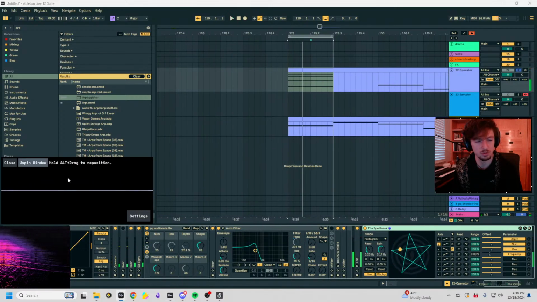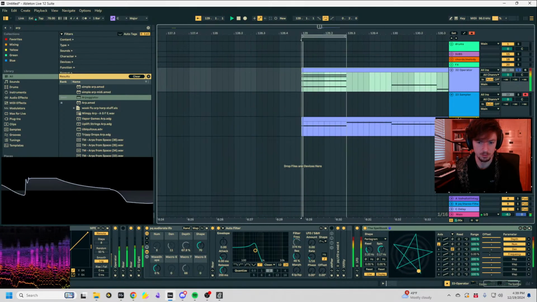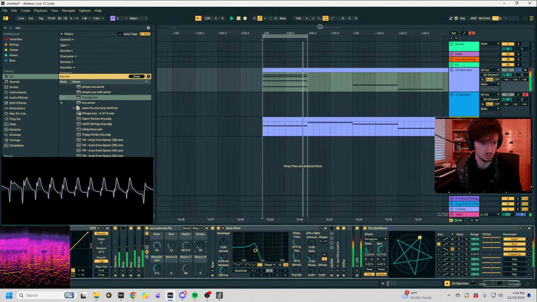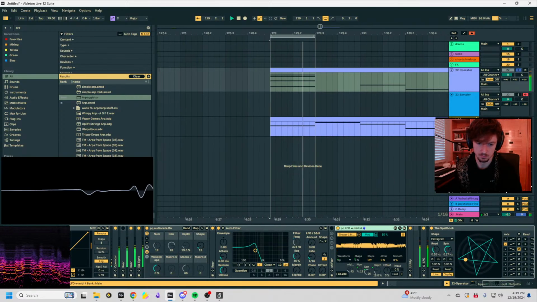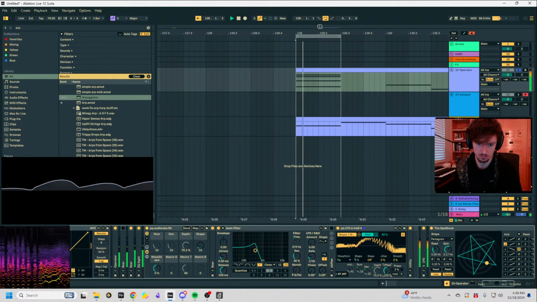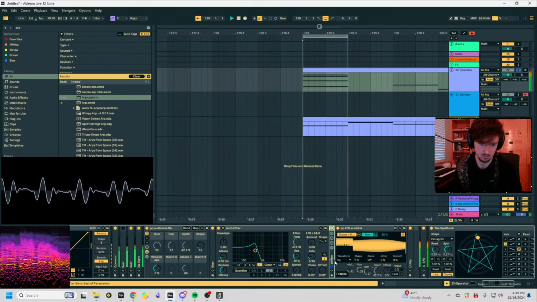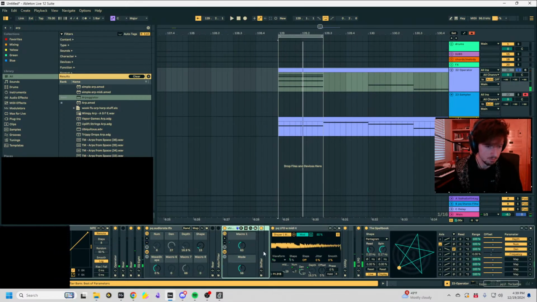Why is the waveform so positive? The depth goes high. Also, just mix up different things.